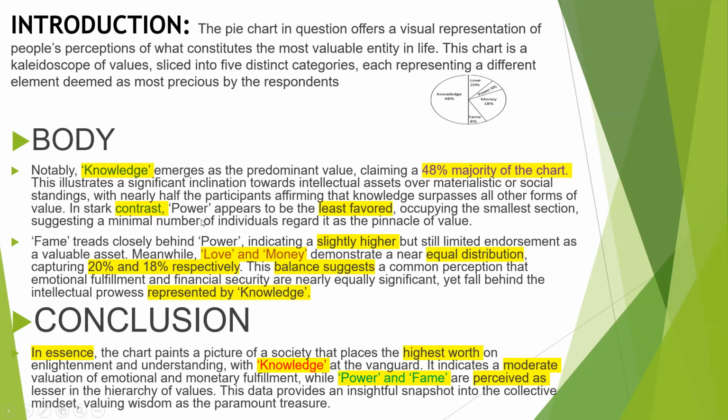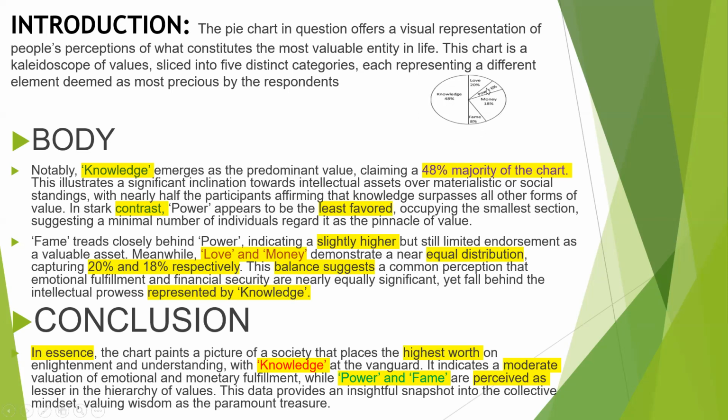This illustrates a significant inclination towards intellectual assets over materialistic or social standings. Means you are highlighting and expressing the view of what this person, 48% of the knowledge, is representing. What is the significance of it?